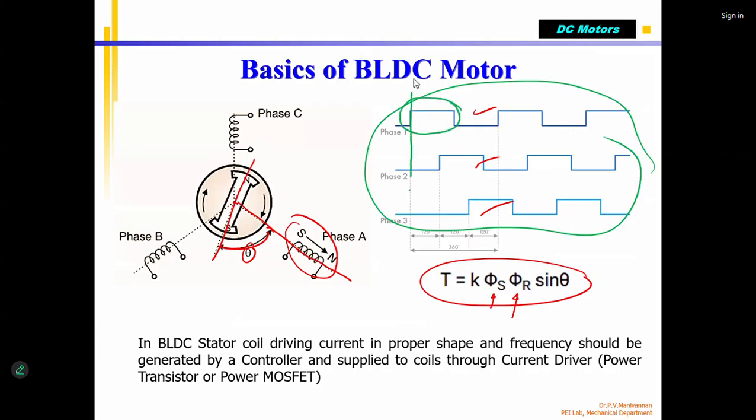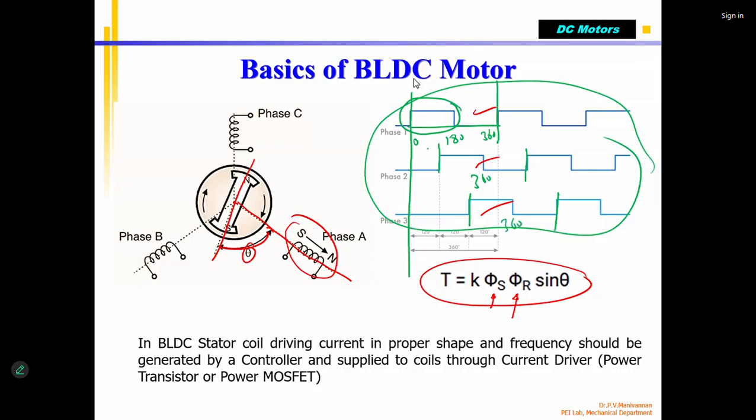With respect to the electrical angle, this is 0 degree, this is 180 degree, this is 360 degree for phase 1. For phase 2, this is 360 degree. For phase 3, one cycle represents 360 degree.